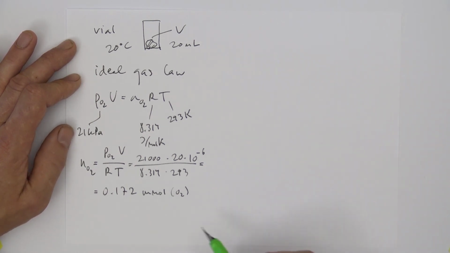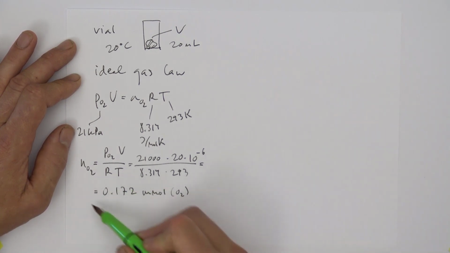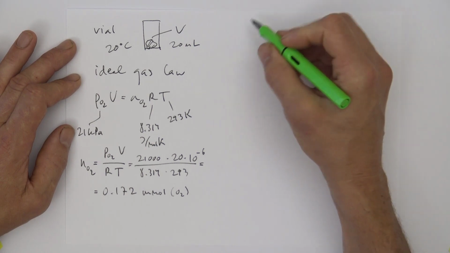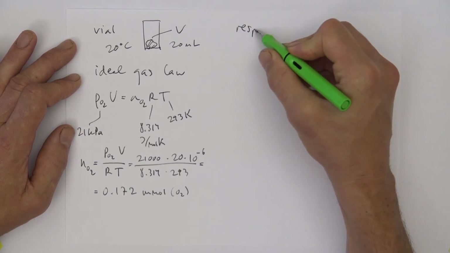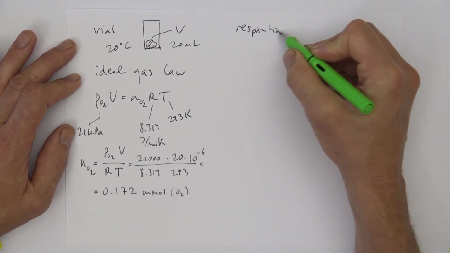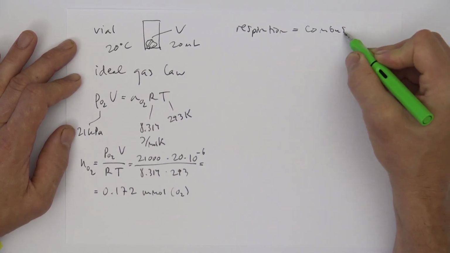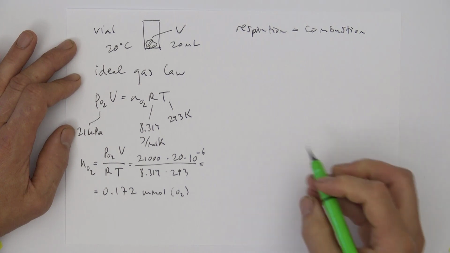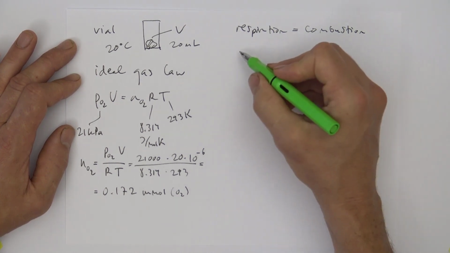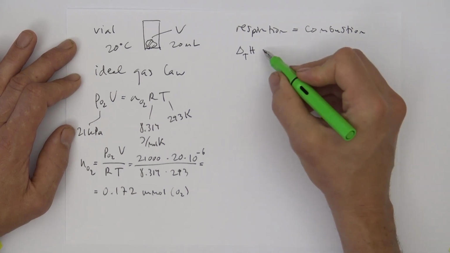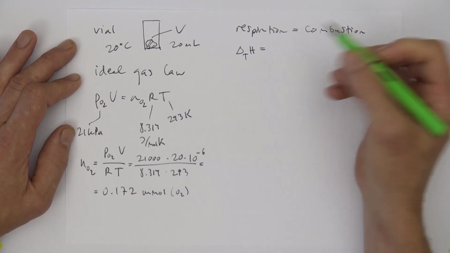So now we know how much oxygen there is in the vial. Now, how much heat will this produce when it is respired? Well, respiration is combustion. And for combustion, we have a constant enthalpy, which I call Thornton's constant.